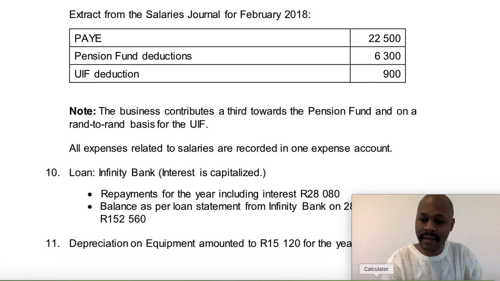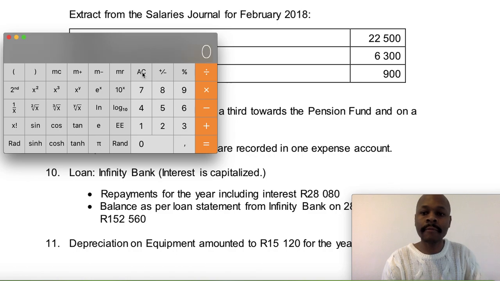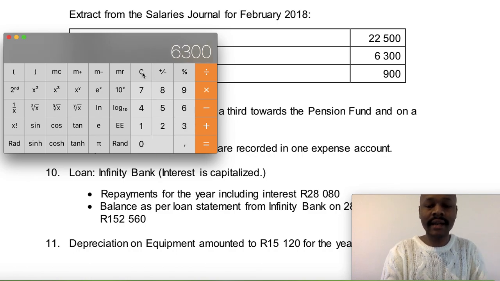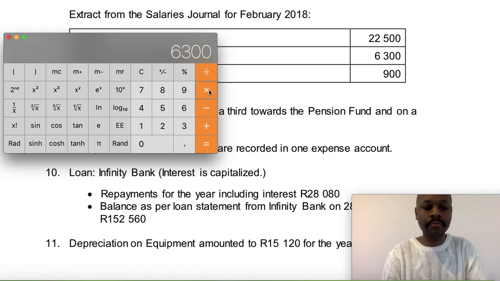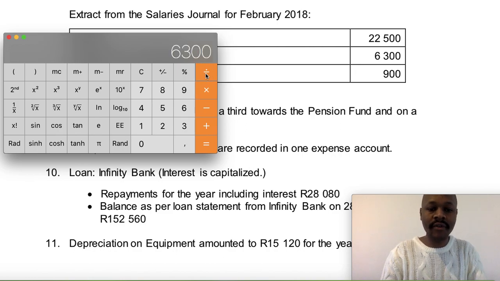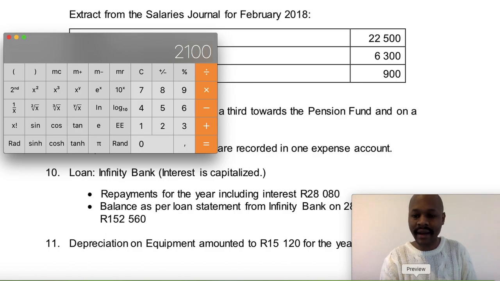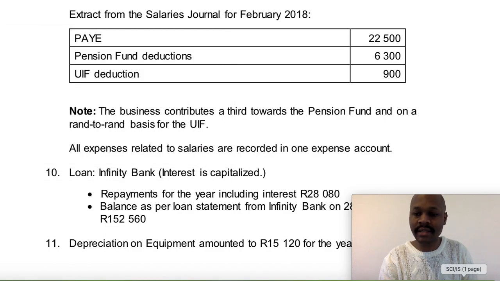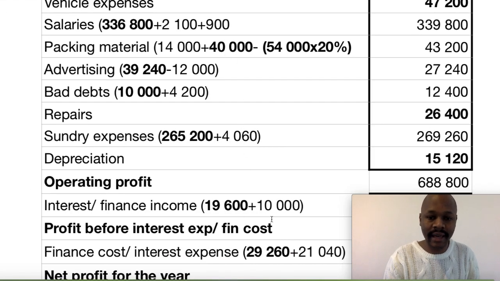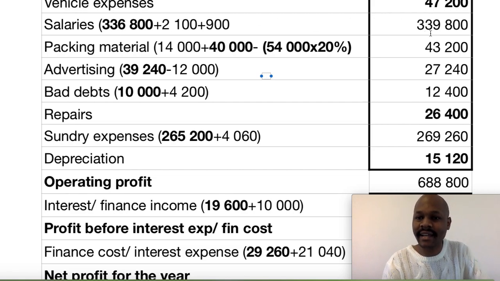So we say 6,300 multiplied by 1/3. It gives us 2,100. 2,100 there. We'll say 2,100 plus 900 plus 336,800. It gives us 339,800.